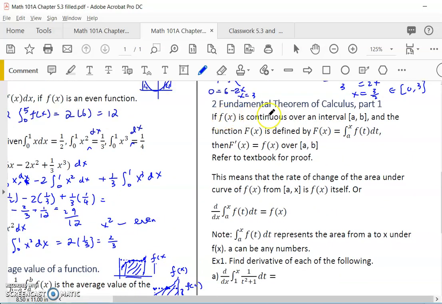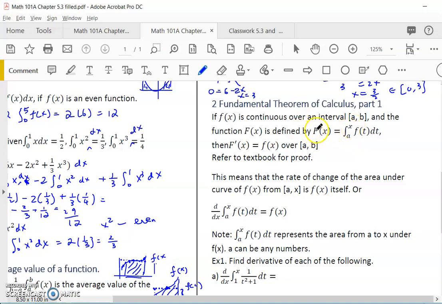Part 1 says if f of x is a continuous function over [a, b], and I define big F of x. Now this big F of x, you can think of it as the antiderivative, but it is not. It is an accumulating area function, meaning I start from somewhere under f of x and take the area from a up to a random point x. It can vary.